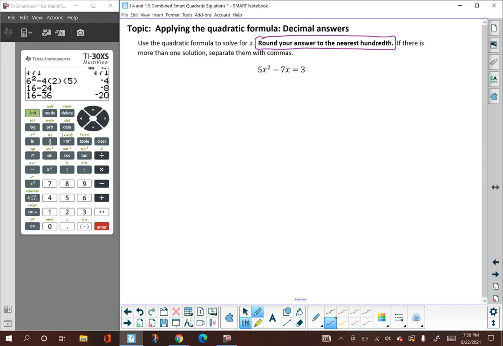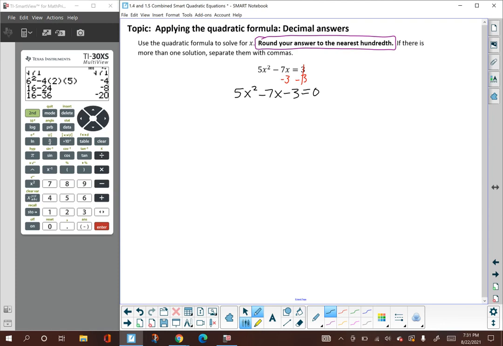So you'll also notice that this is the first time that we don't have an equation starting with a 0. So we do have a first step of subtracting 3 from both sides. So our equation is 5x squared minus 7x minus 3 equals 0.